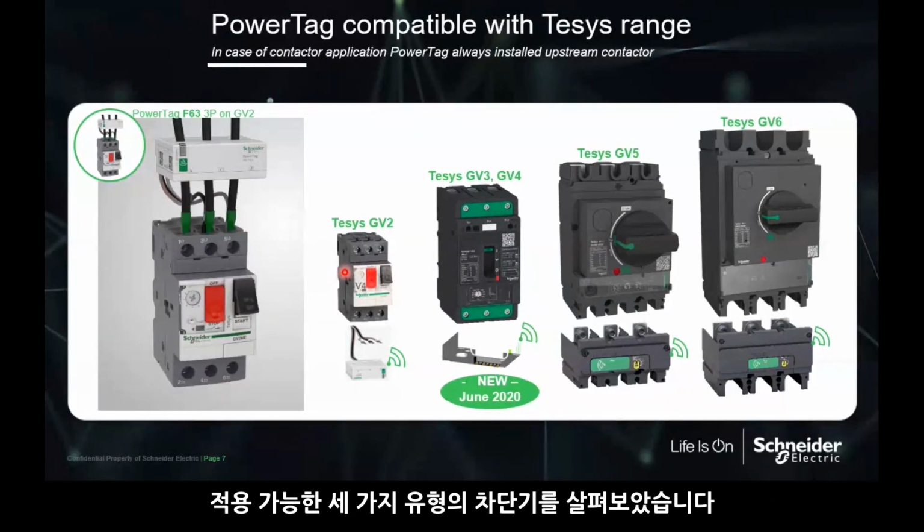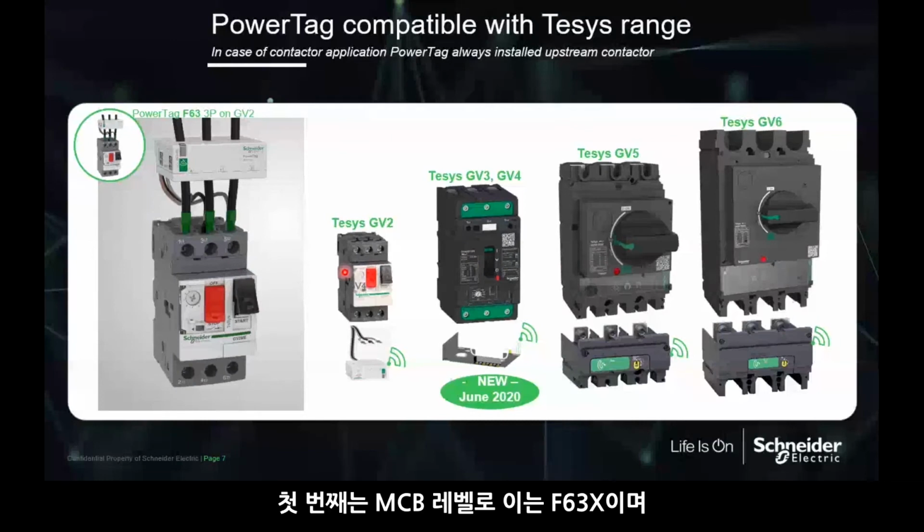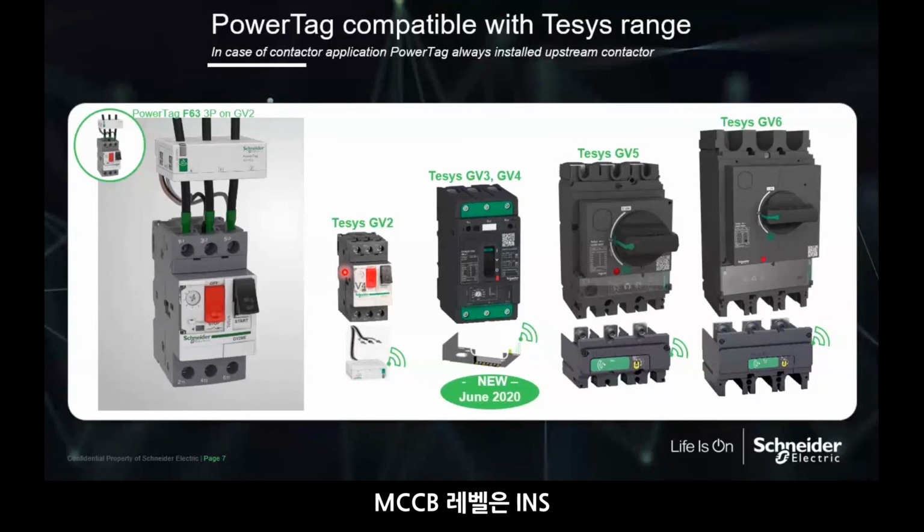So there are 3 types of breakers you can use. First is the MCB level, which is up to 63 amps. Then the MCCB level, or the INS-INV level, which you saw earlier, and also the TGV range.